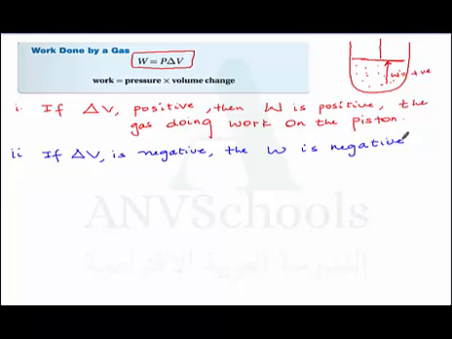So the work done by the gas on the piston is negative. So the piston does work on the gas. We can say that the piston is now doing work on the gas.